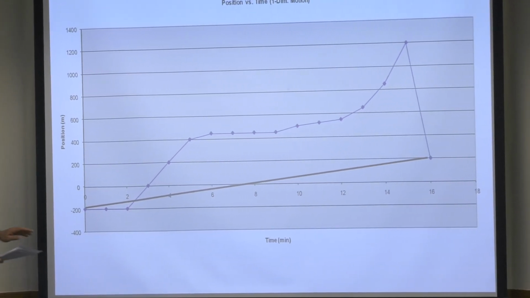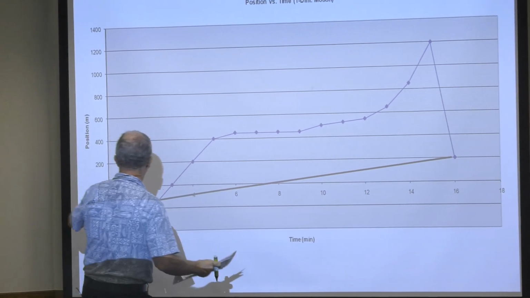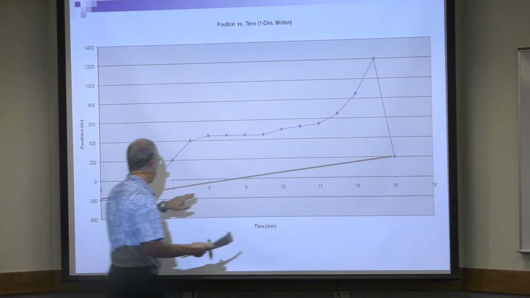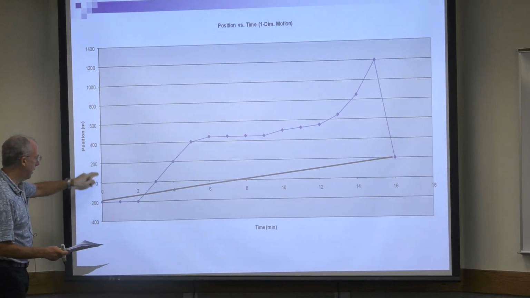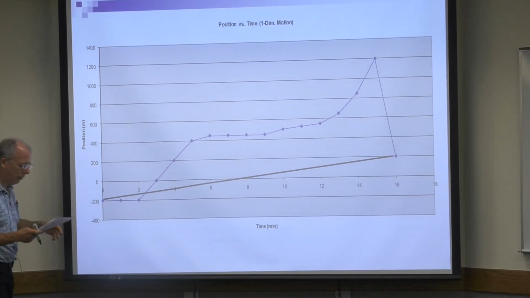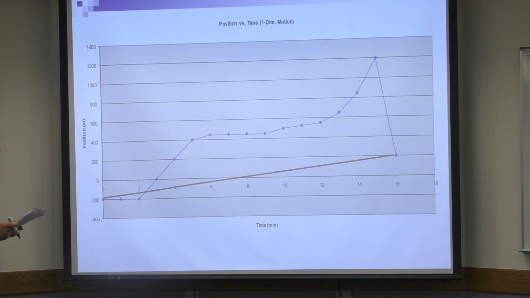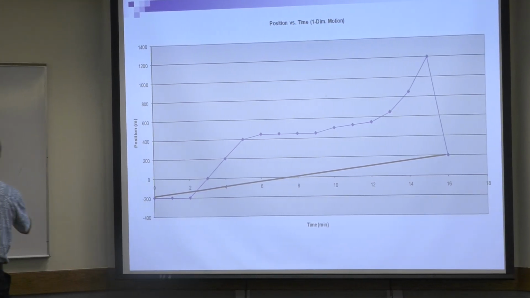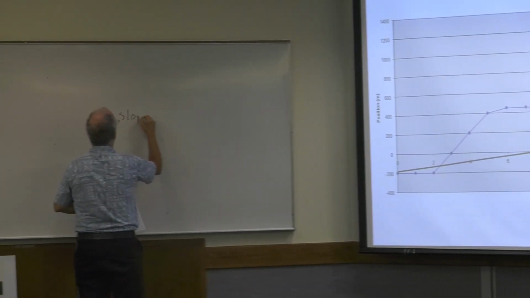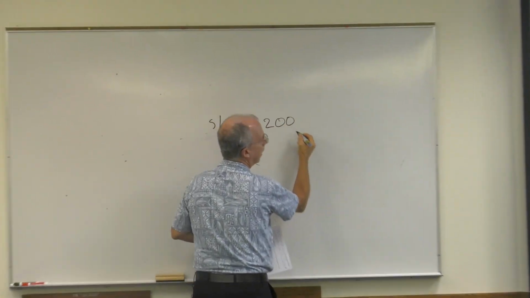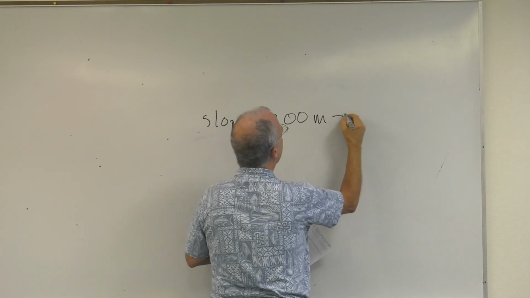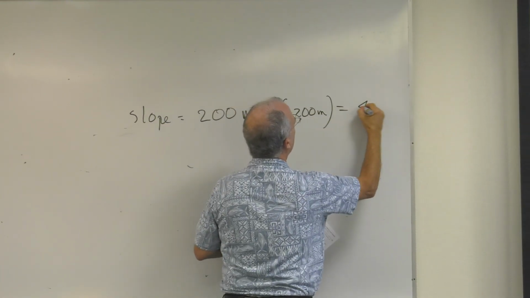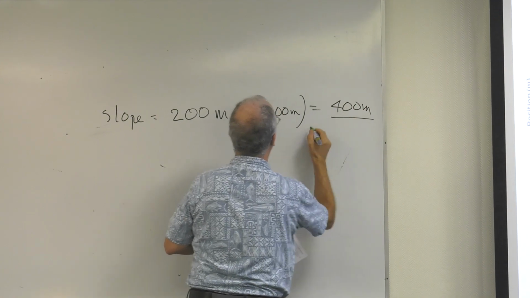All right, let's do it. The change in y: we're going to go from this point to this point. That's at positive 200, and that's at negative 200. So 200 meters minus negative 200 meters is 400 meters.